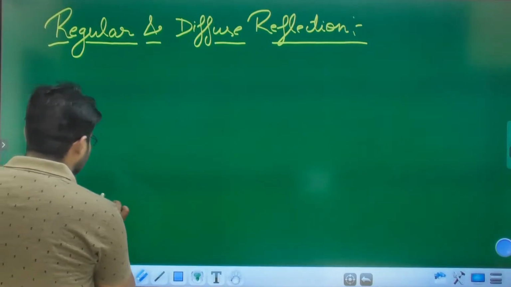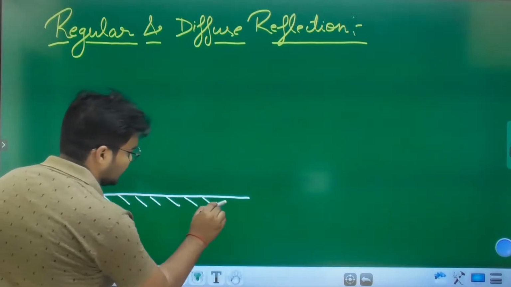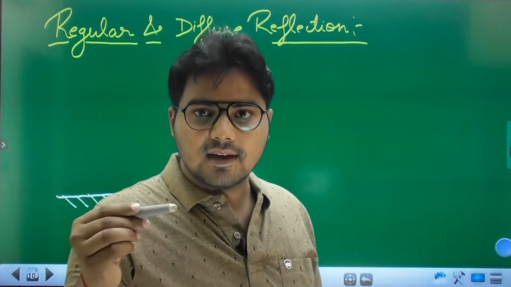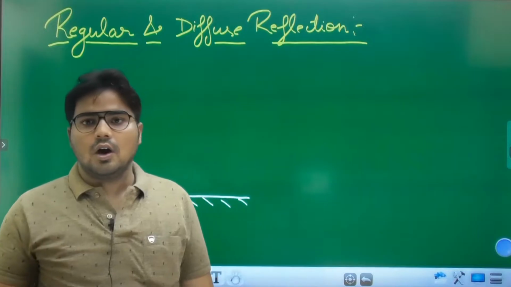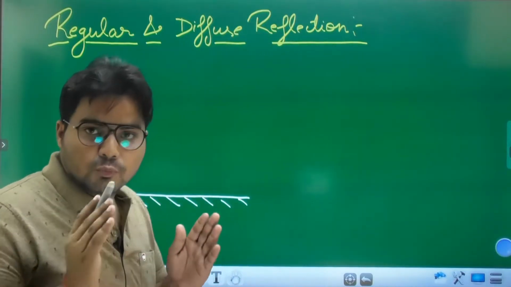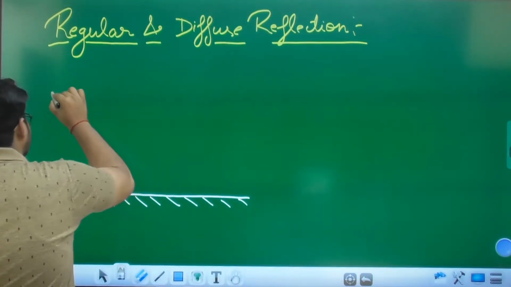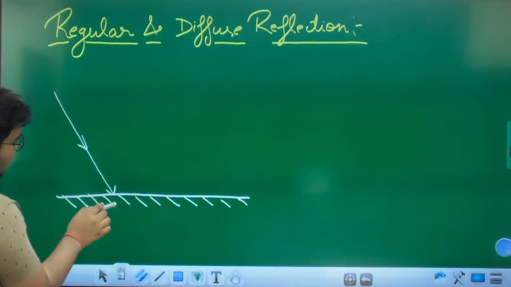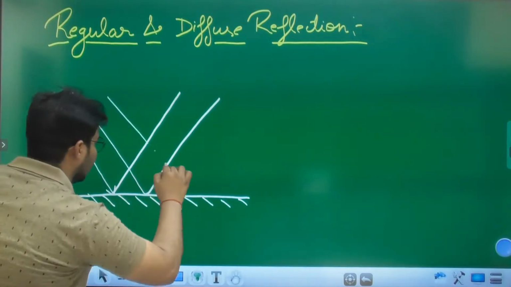If any surface is a plane or smooth surface, the first point is that regular reflection always occurs on a smooth surface, or we can say the plane surface. Clear? So if any ray is incident on a reflecting surface, it goes out parallelly.